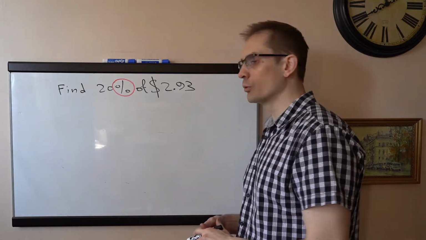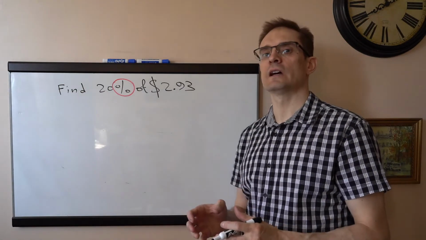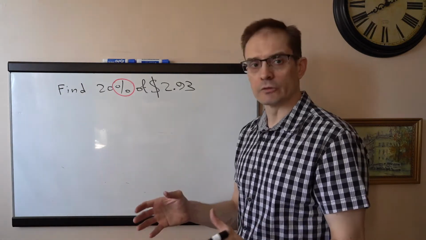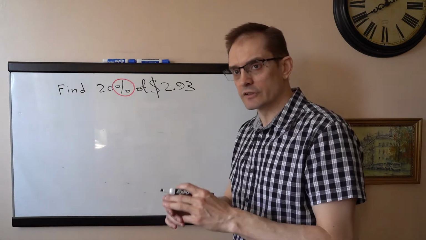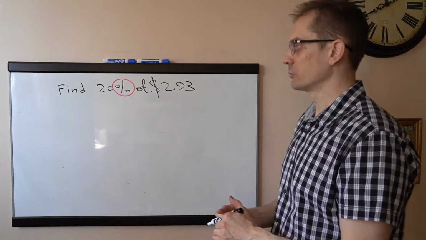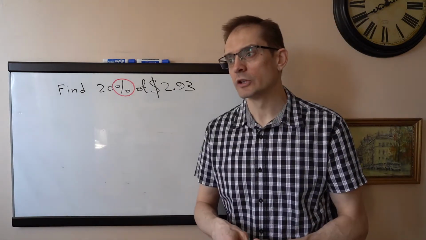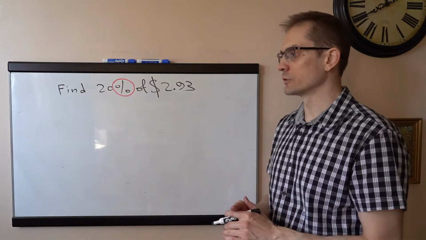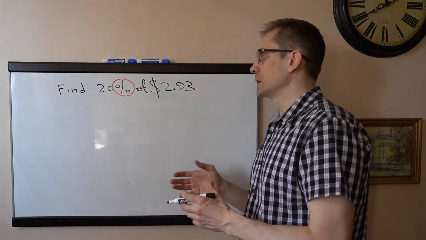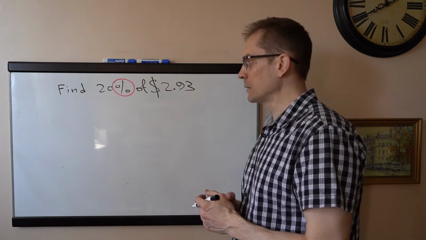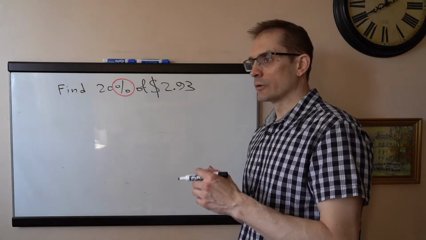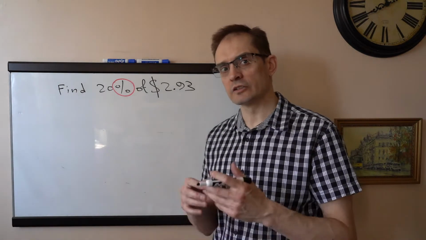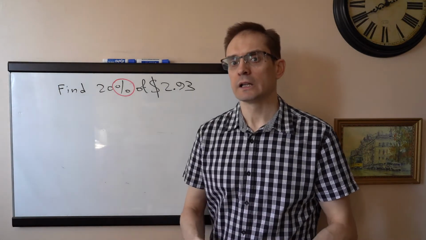Why? Because 2.93 is not given to us as a quantity of hundreds. At least it's not given to us as readily as a quantity of hundreds. We can imagine it to be a quantity of 100 smaller pieces, right? So not hundreds of dollars.